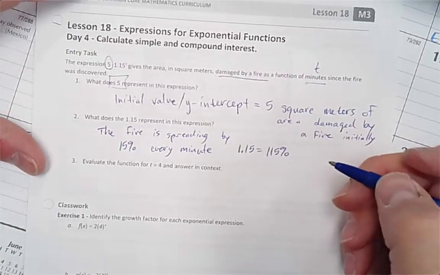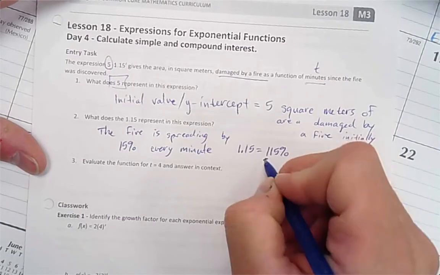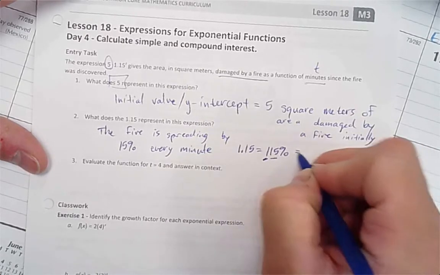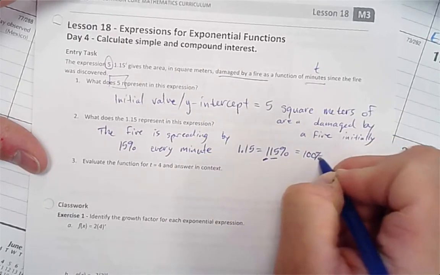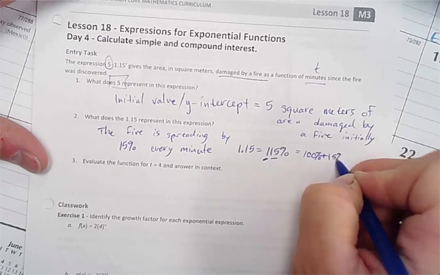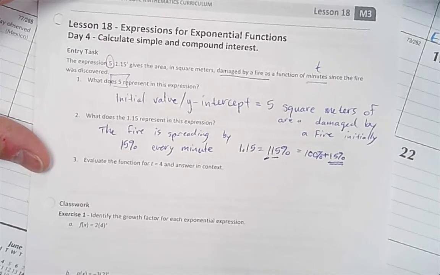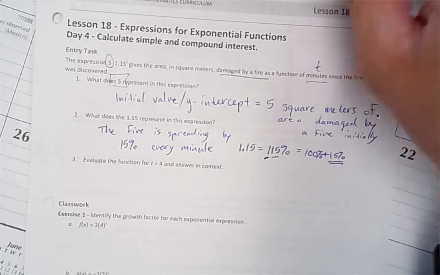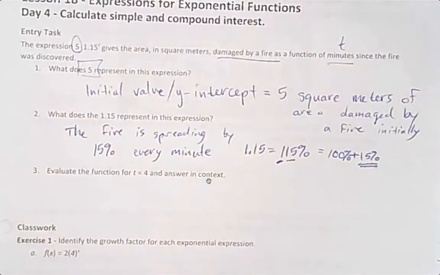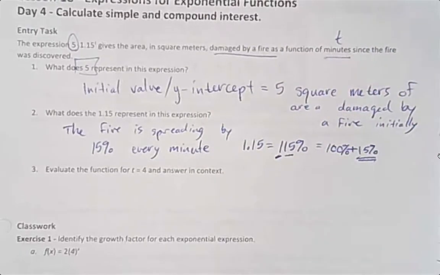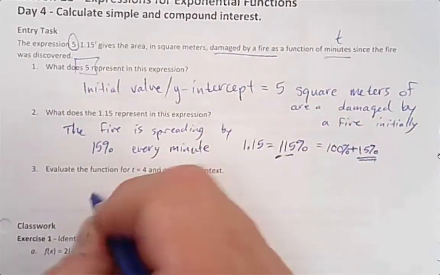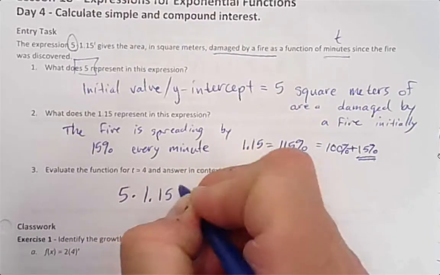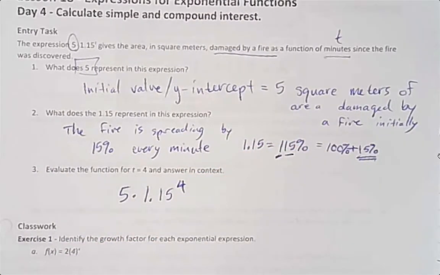And 115% means that you will have the whole amount of what you had a minute ago, but you've added to it 100% plus 15%. You've added to it 15%, so it's bigger and bigger every minute as the fire spreads. So to evaluate the function at t equals 4 in context, literally just take the 5 times 1.15 and raise it to the power of 4.